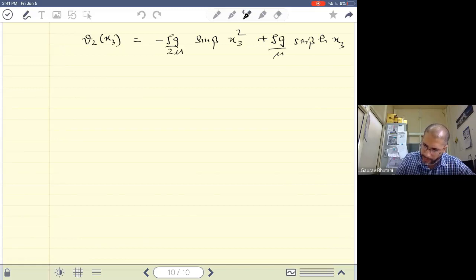So we can take a few things common. We can take rho g by 2 mu times sine beta common, and then we have twice of h minus x3, sorry.